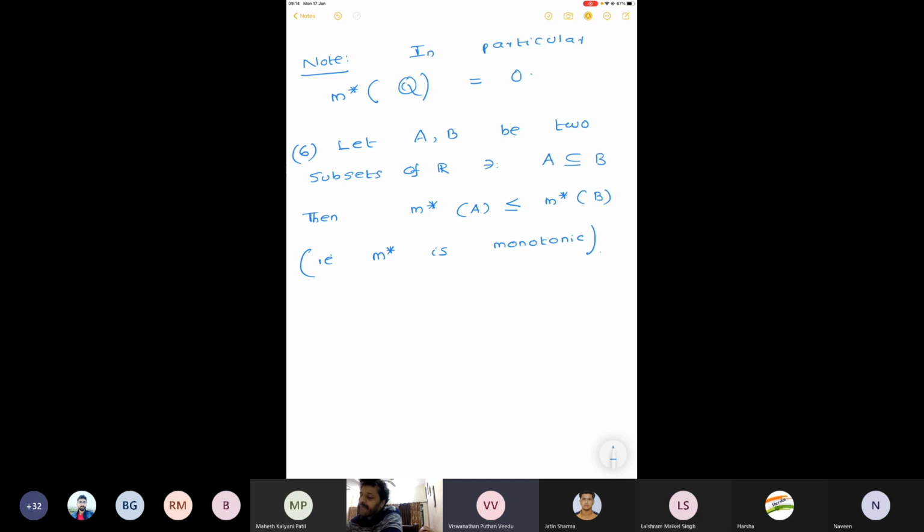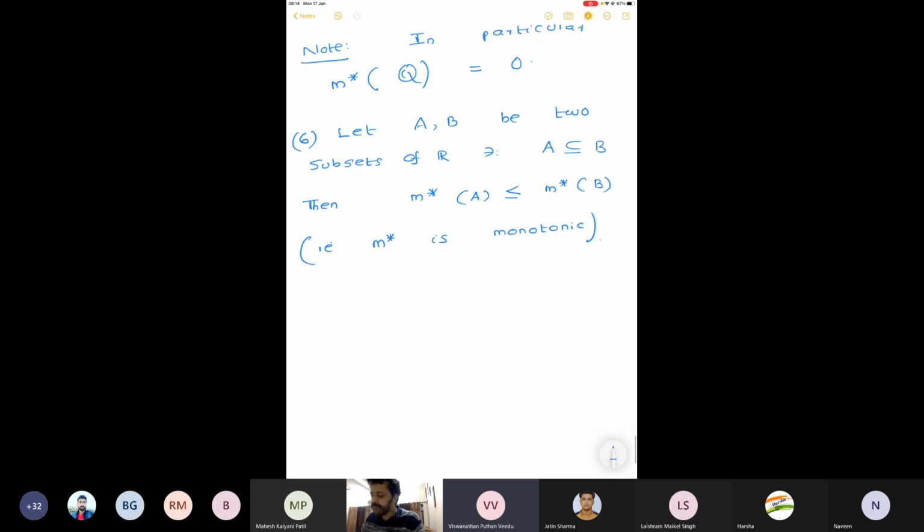Now, if you want to talk about M star A, M star B, the starting point is the cover consisting of open intervals. So let us take a cover consisting of open intervals for the set B. So I am going to prove this.